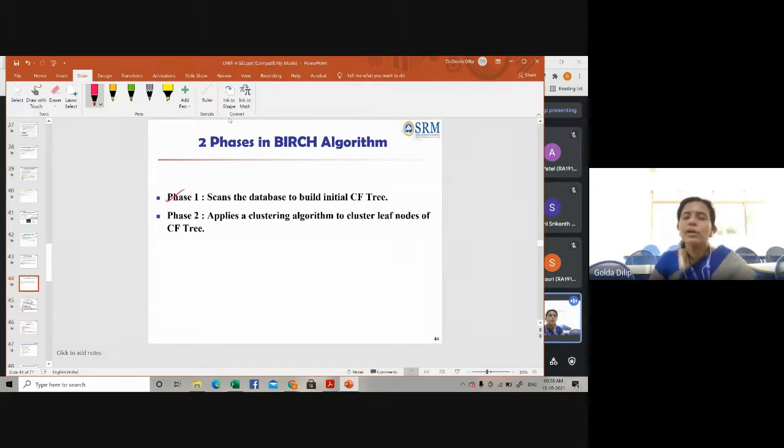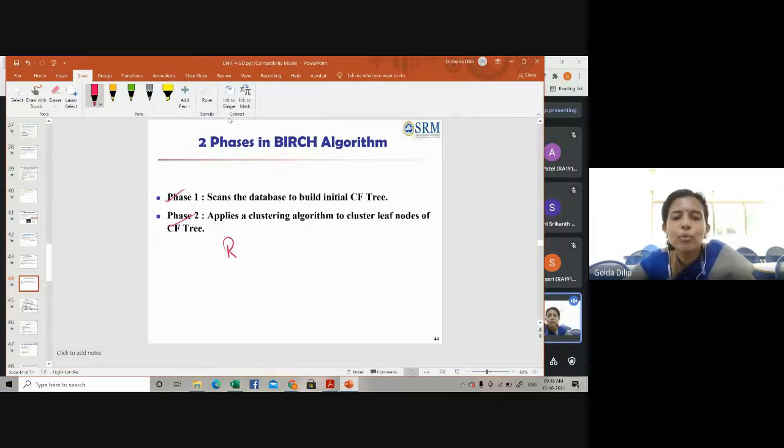The main advantage of doing this is that all the dense data points get grouped into a larger cluster, whereas the sparse clusters scattered here and there can be removed as outliers.